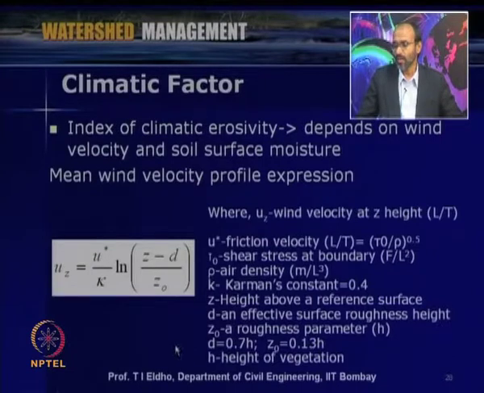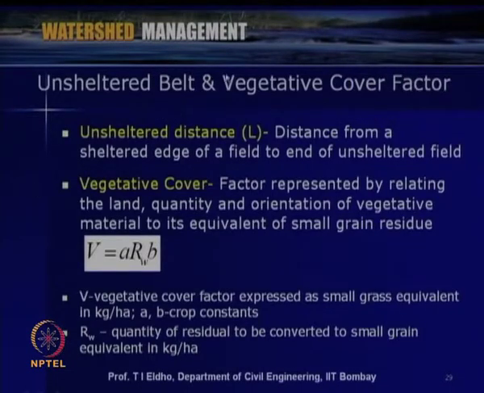So, then another important factor in wind erosion is unsheltered belt and vegetative cover factor. So, unsheltered distance we can identify it is the distance from a sheltered edge of a field to end of unsheltered field.